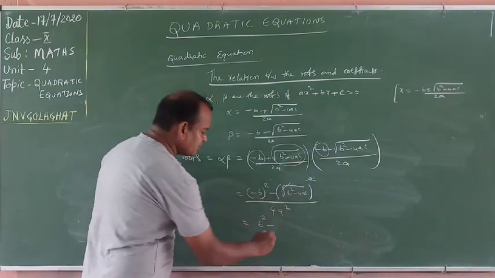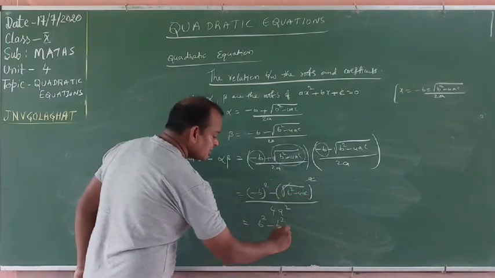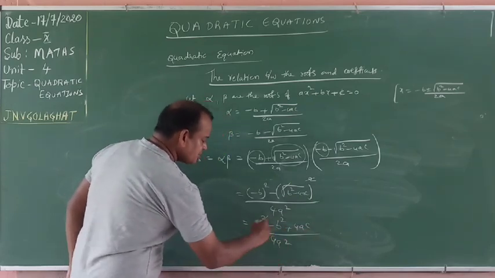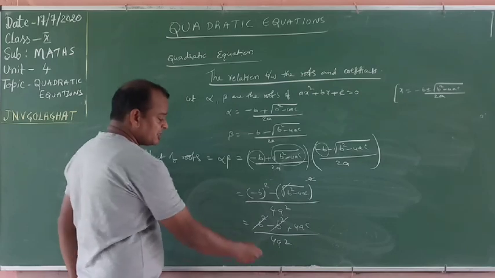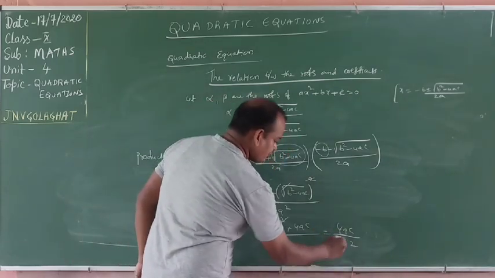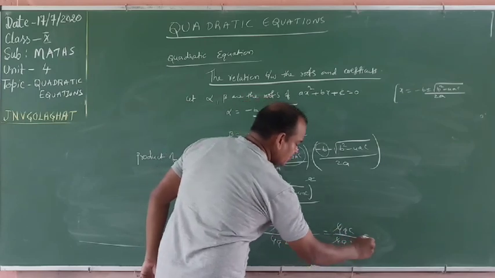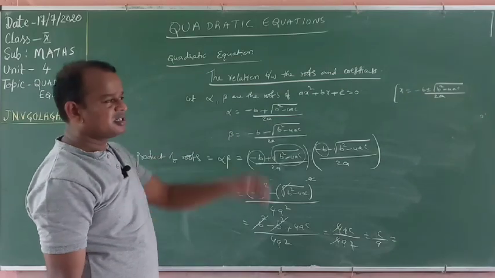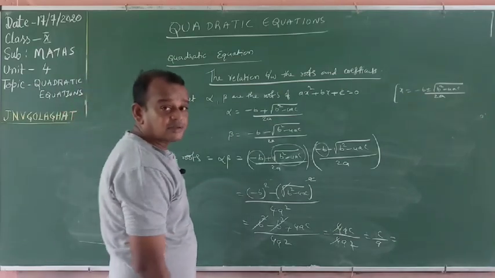Now remaining, minus into minus plus 4ac by 4a square. 4 cancel, a cancel. What is the answer? C by a. What is the meaning of c? C means constant term by coefficient of x square.